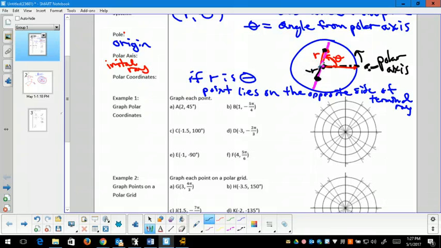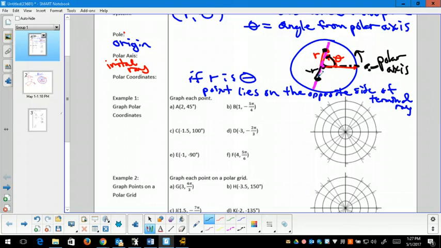That would be negative r. Theta would be the same. Let's say theta was 80 degrees. Well, I'd travel 80 degrees from the polar axis to here and say, oh, here's where it would be, but wait a second, it's negative. So I'm going to follow that diameter, that chord, to the other side. The same distance, but to the other side of it.